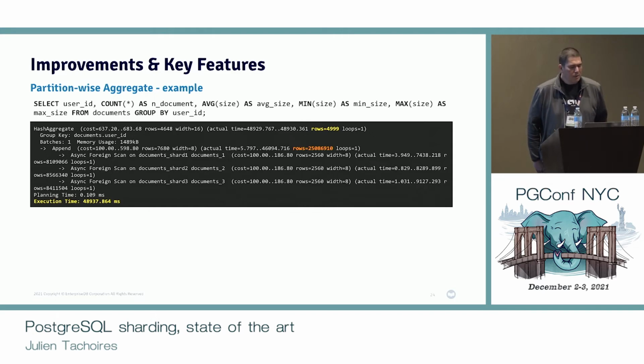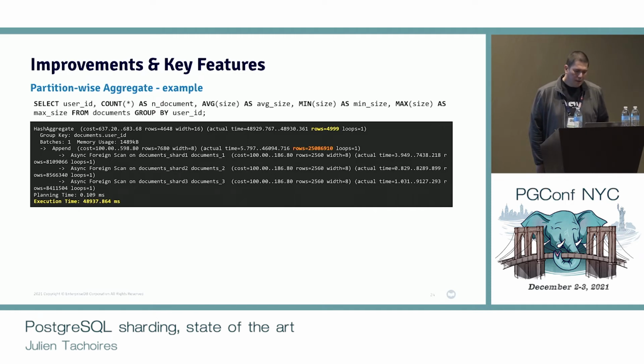So, another example. This time we have to do some kind of reporting and we want to export for each user ID the number of documents, the average size of its documents, the minimum size and the maximum size. So let's execute this query on the coordinator node.